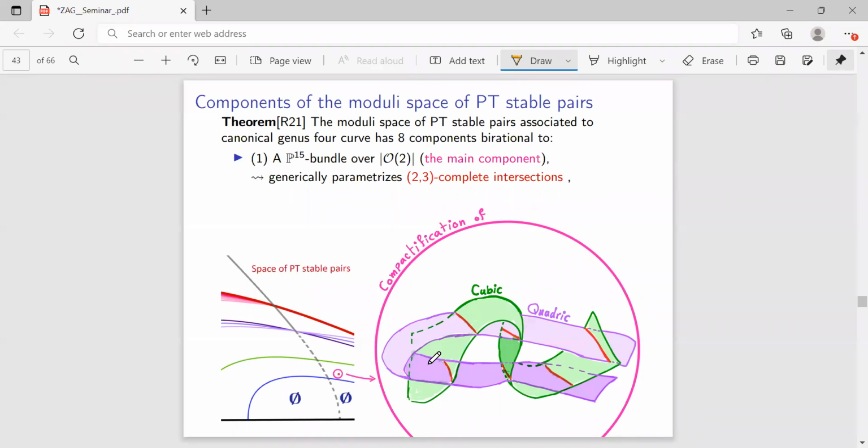The first component you get is this main component, or the compactification of two and three complete intersection curves, which is this P15 bundle as we described. And then, as I said, the second wall is just a blow up and it doesn't give you any new component. So we skip this. And then the next wall that produces a component is just the wall that we described, which produces M prime.